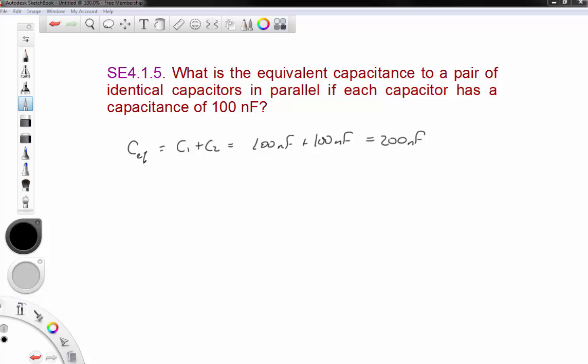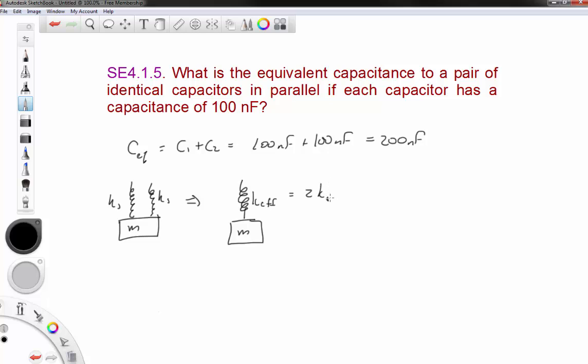Again, this is the same result that we got when we took two identical springs and we placed them in parallel on a given mass. Here was spring 1, here is spring 2. We said this was equivalent to a spring which had an effective spring constant which was twice the individual spring constants of either of these two identical springs.